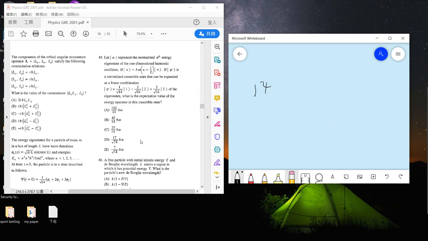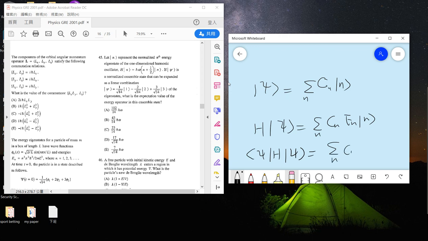Your wave function looks like this, and the energy looks like this. Then your Hamiltonian acting on phi will become Cn En n, and so your expectation value of H is just the sum over n of Cn squared En, because the inner product of different n is 0. So this is the answer.